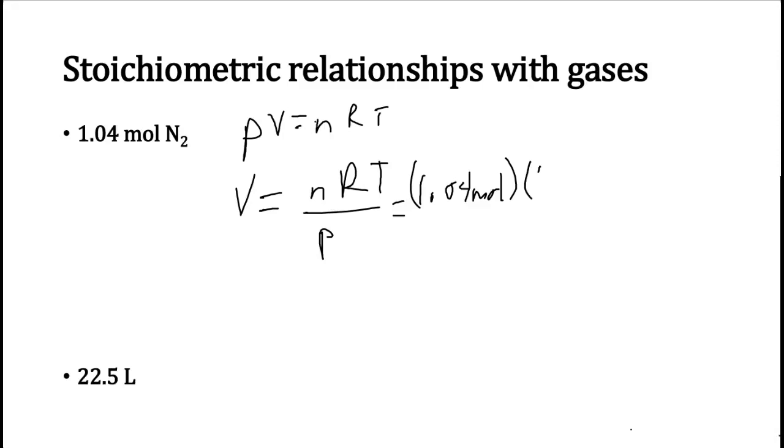R is that gas constant, 0.0821 liter atmospheres per mole Kelvin. And then the temperature, we have to convert this to our absolute scale. We can't use Celsius. So we're going to convert the 30 degrees Celsius to Kelvin. So 30 plus 273 gives you 303 Kelvin.